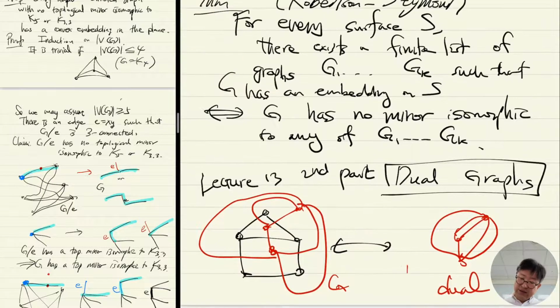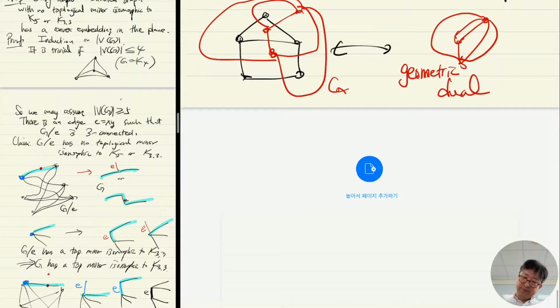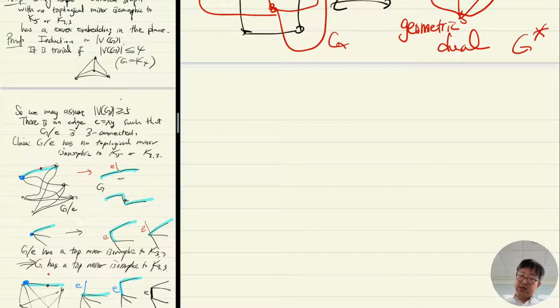And this is called the geometric dual. And typically we write G star. So let me define it precisely.